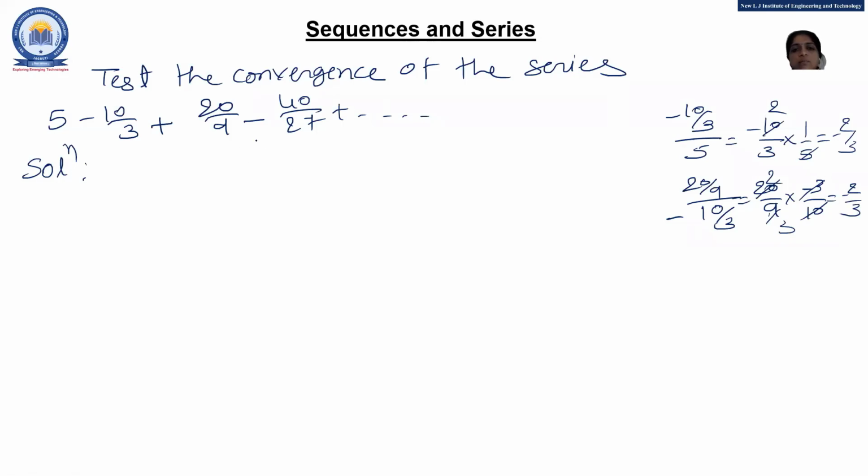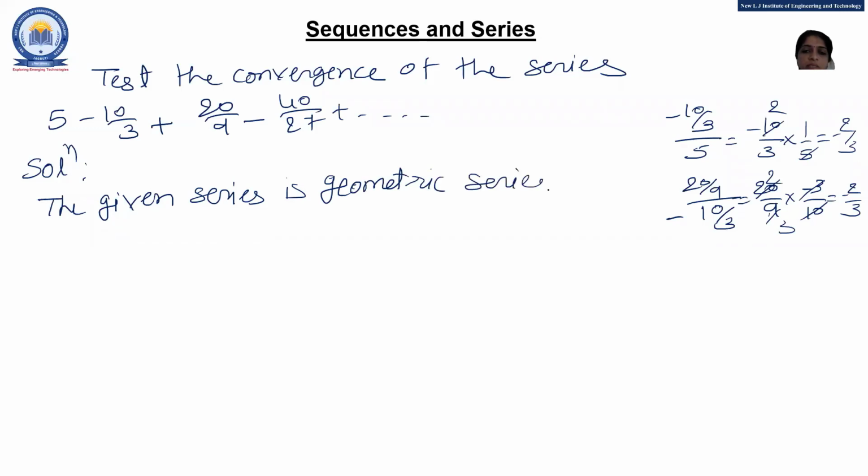So that is again minus 2 by 3. And if you check between the fourth term and third term, then it will again be minus 2 by 3. Yes, very good. Many students have given the answer about the ratio. As the ratio is the same for these consecutive terms, we can directly write that the given series is a geometric series with A, where A is your first term.